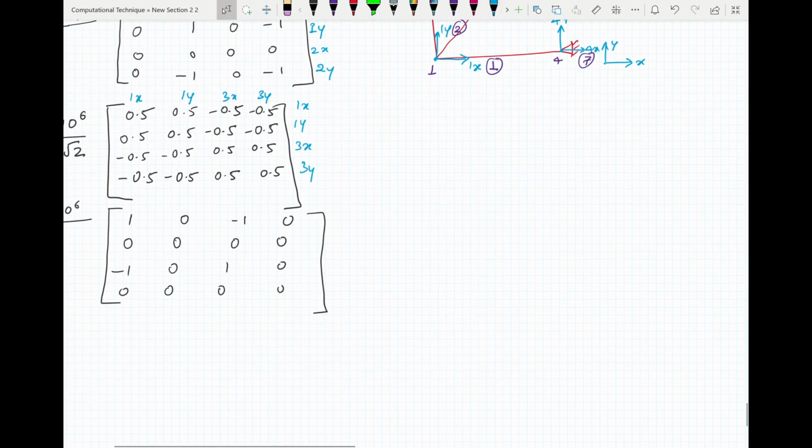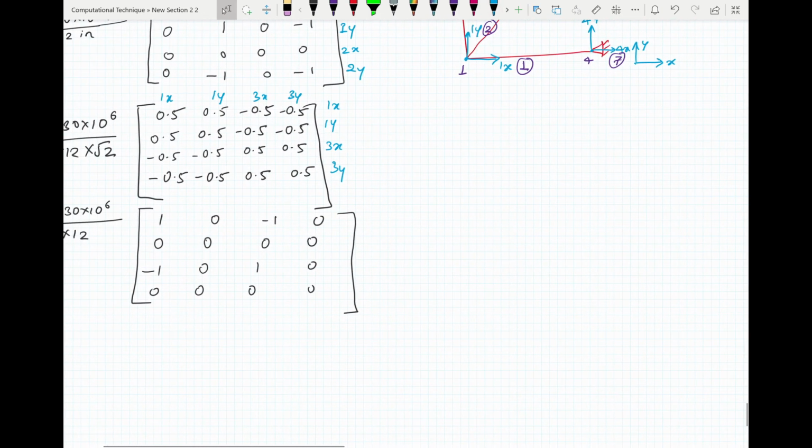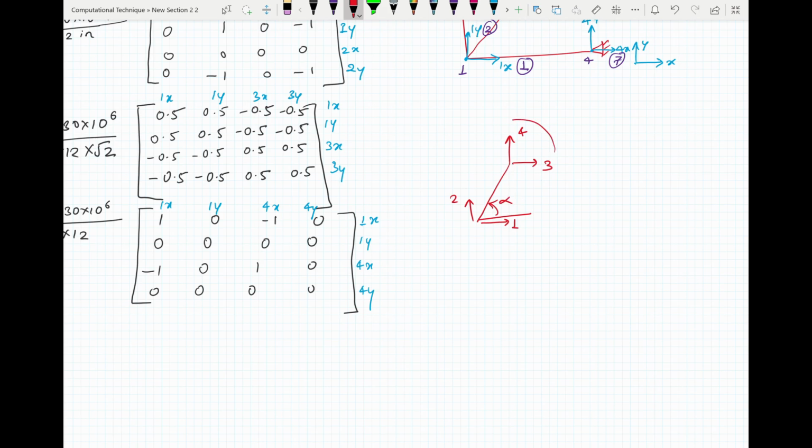Now for the other one, for element number 3, it will be 1x, 1y, 4x, 4y, 1x, 1y, 4x and 4y. As you did earlier, that this one is 1, 2, 3, 4 while you're obtaining the stiffness matrix.